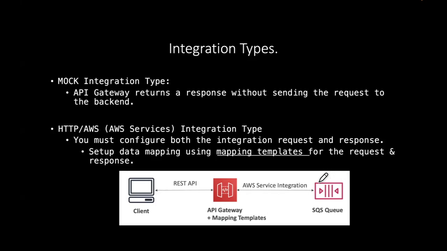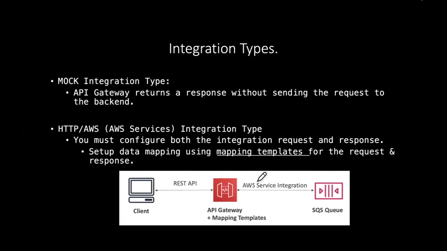But either way, because it's an SQS queue, that means that the gateway has to carry out a transformation from the HTTP protocol, which is what it receives, to the protocol that this backend understands.